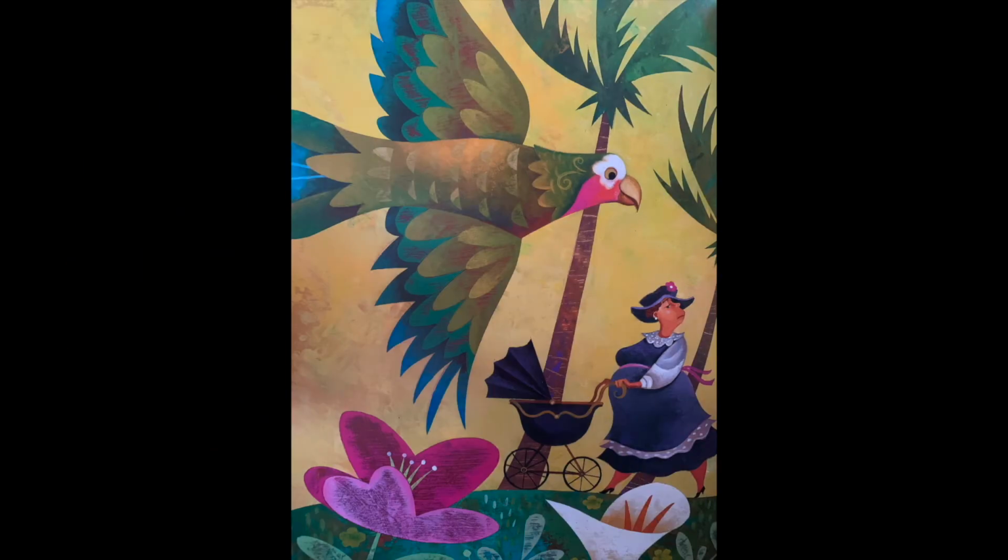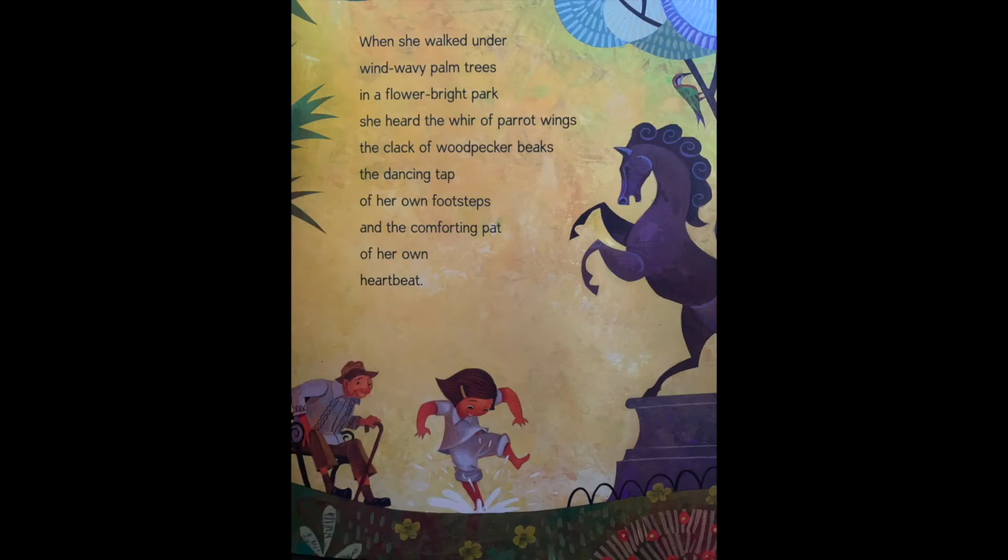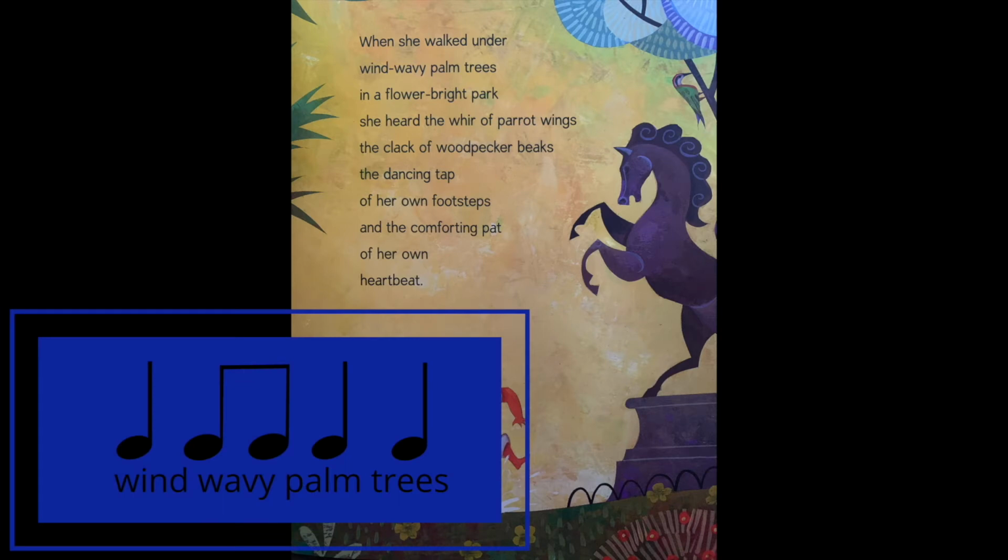When she walked under wind-wavy palm trees in a flower-bright park, she heard the whir of parrot wings, the clack of woodpecker beaks, the dancing tap of her own footsteps, and the comforting pat of her own heartbeat. Our first rhythm says, wind-wavy palm trees. Ready, go. Good.